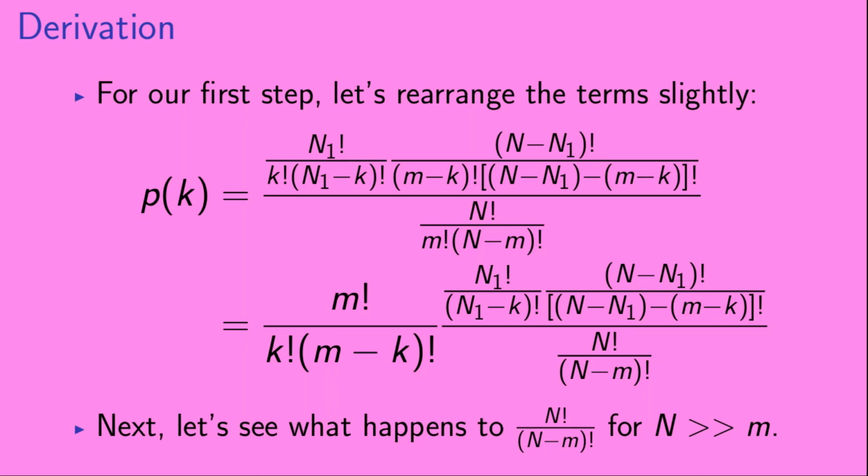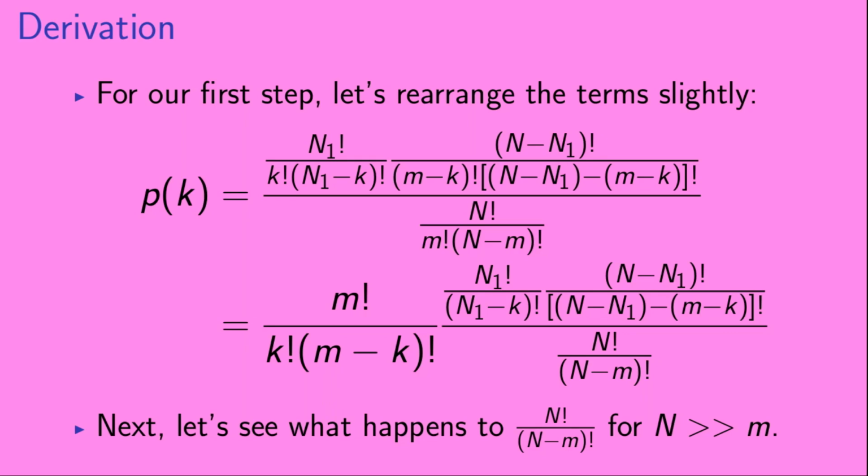So first, let's move those three factors out front. Okay, so now we have that P of k is equal to m factorial over k factorial times m minus k factorial, times a bunch of stuff.